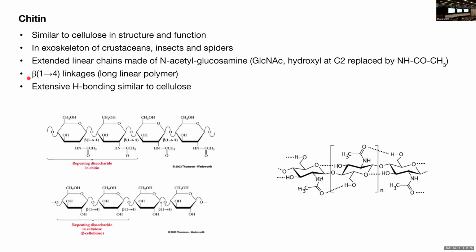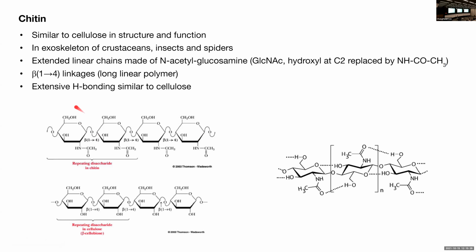So GlcNAc. When you look at the molecular structure of GlcNAc and compare it to glucose, the only difference is this moiety here, NHCOCH3, which is attached to the C2 instead of a hydroxyl.